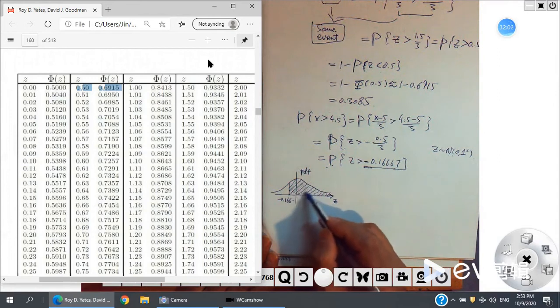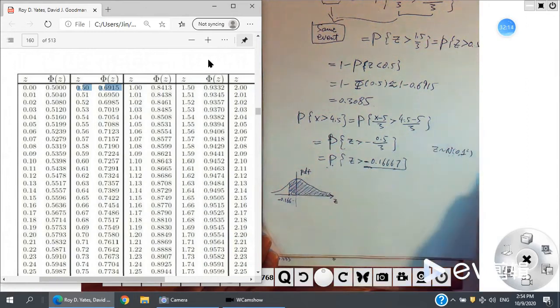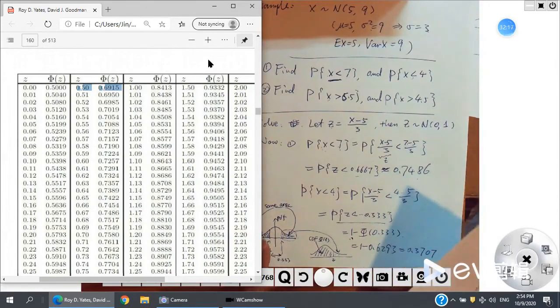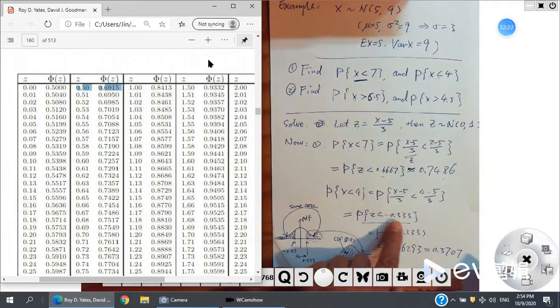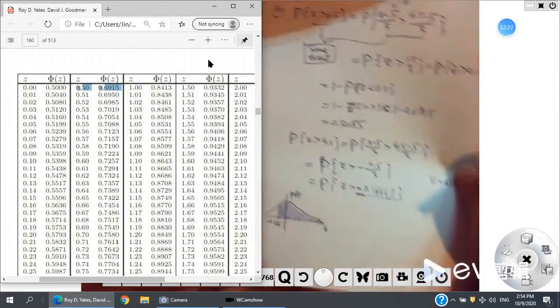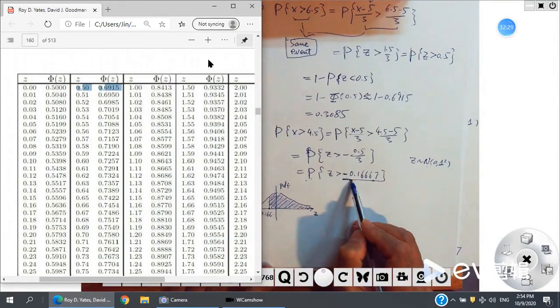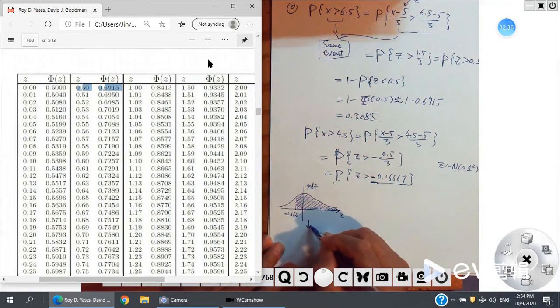That area is related to your probability, right? So which area do you want? Now we want this area. You can compare with the previous example. We wanted this one, z smaller than 0.3, so we used the area like this. Now we want z larger than this negative value, so we want the area here. Okay, then we do the same thing, because it's symmetrical, right?